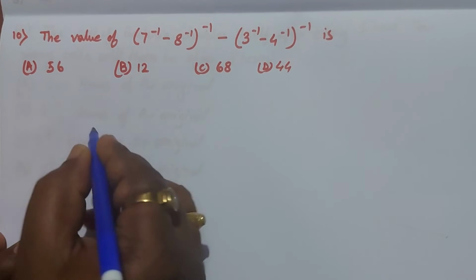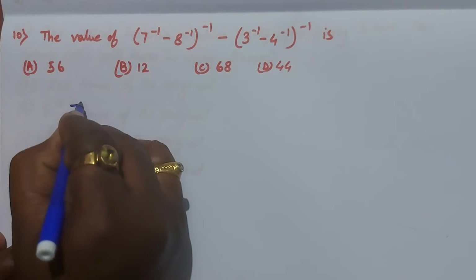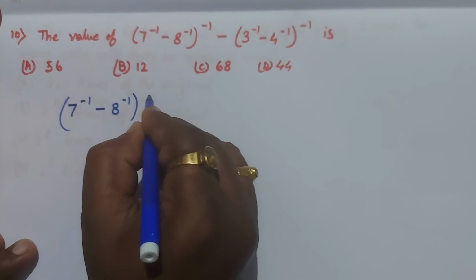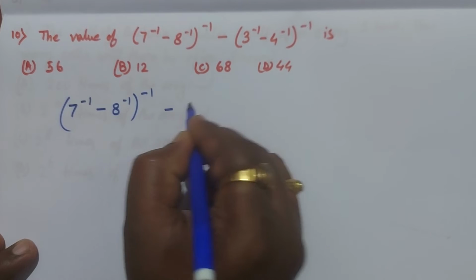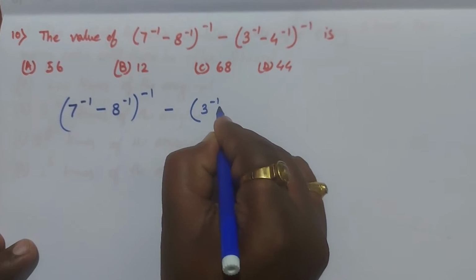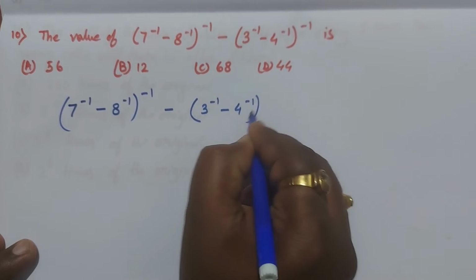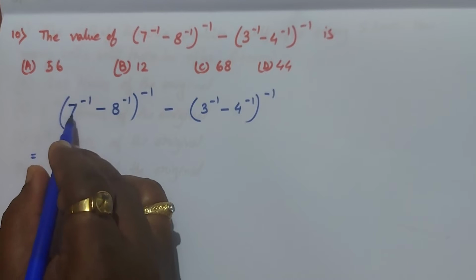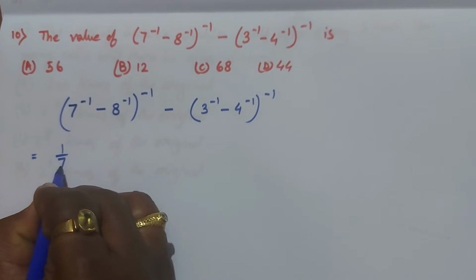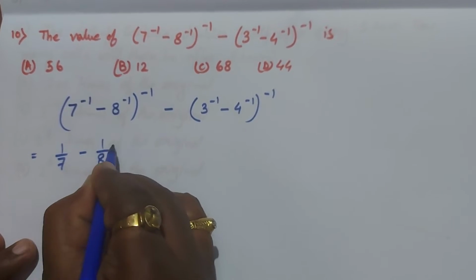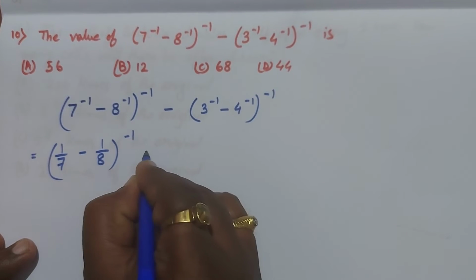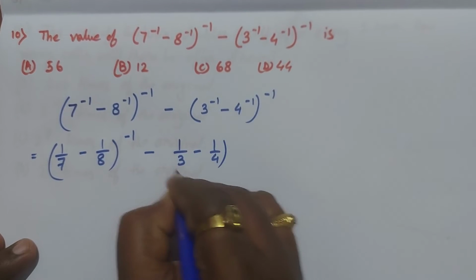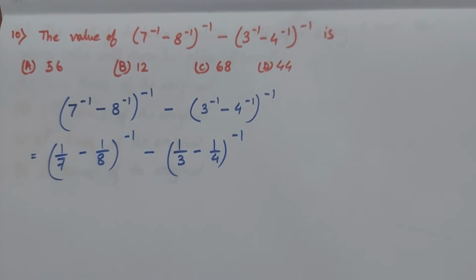So 7 to the power minus 1 means 1 by 7, minus 1 by 8 whole to the power minus 1, minus 1 by 3 minus 1 by 4 whole to the power minus 1.